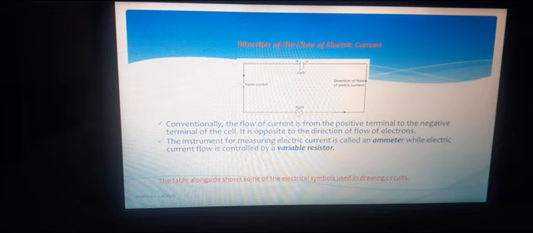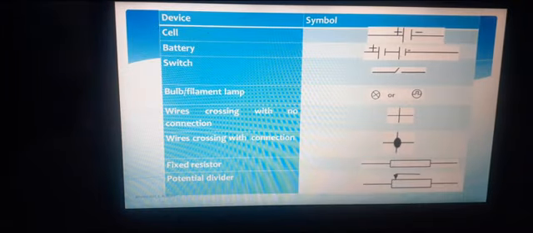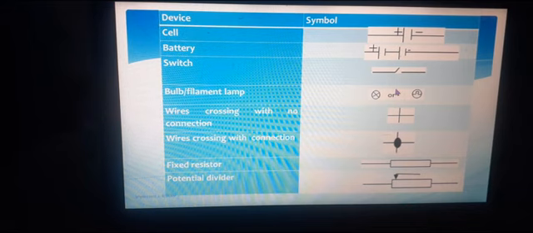For the neatness and the clarity, we normally use symbols. The table below illustrates some of the symbols used in physics for drawing, instead of drawing the actual items. For example, a cell is represented by this symbol.